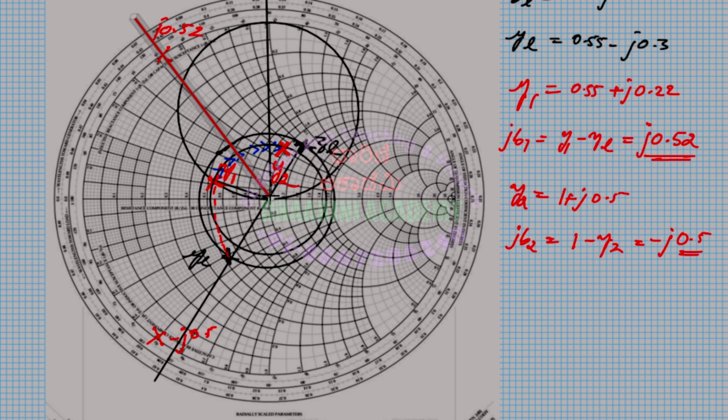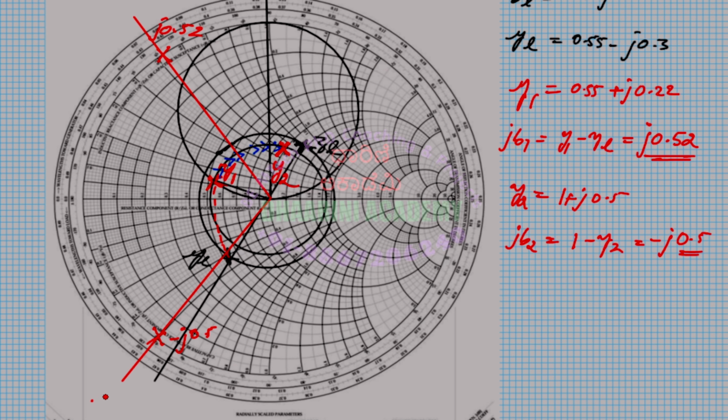Similarly, connect the center with this and make a measurement. 0.424 for the minus one, right?